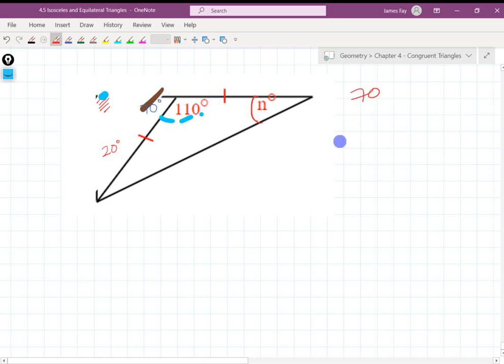You have 70 left over. And what do you know about that angle there in comparison to that angle there that make up that remaining 70? They're the same. Why are they the same? Because they're base angles. Okay, so in an isosceles triangle, the base angles are congruent. So if they're the same, if I divide by 2, that tells me that each one of those angles is going to be 35. So then N is 35.